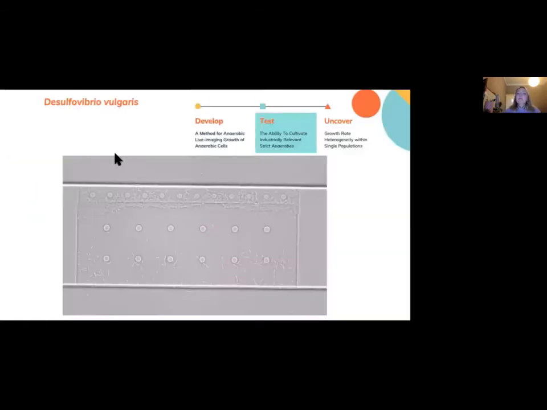So then we wanted to test the ability to cultivate industrially relevant strict anaerobes. So this is Desulfovibrio vulgaris in the device design that our collaborators made. So this is just an example of the cells in real time, just taking a video.